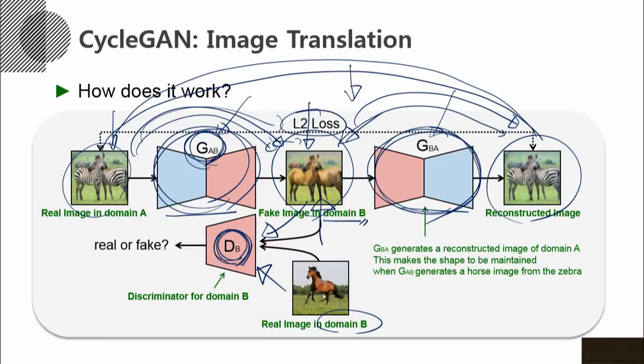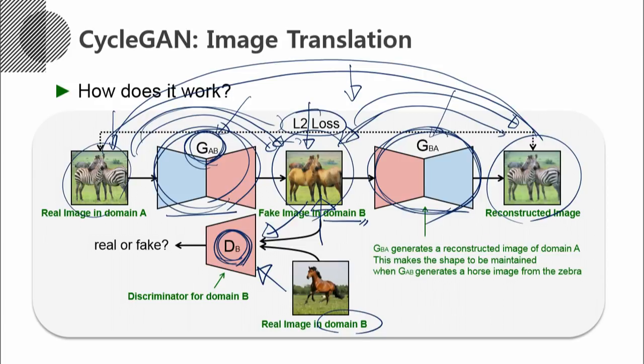This is called the cycle loss, and altogether this generative adversarial network that plays the role of image translation is called CycleGAN. At a high level, the point of this L2 loss is that the network tries to maintain the shape of the original zebra horses. It tries to change only the necessary part, which corresponds to the color in the horse region of our image.